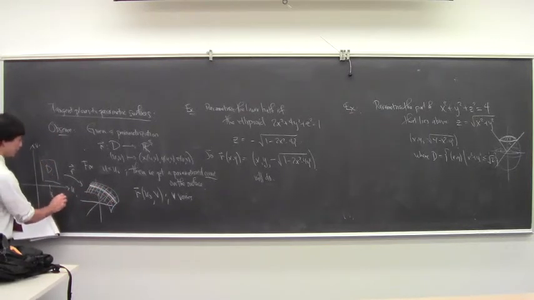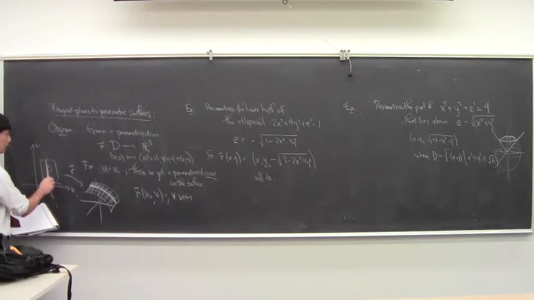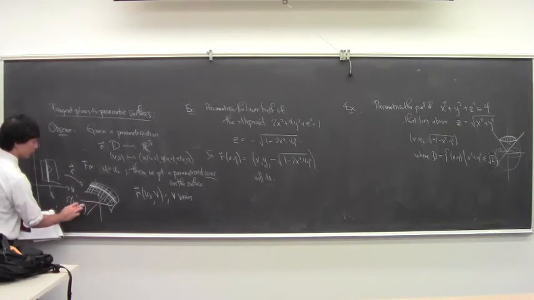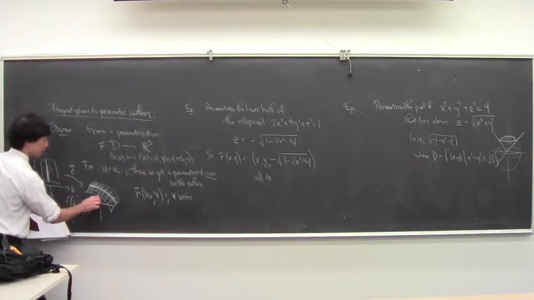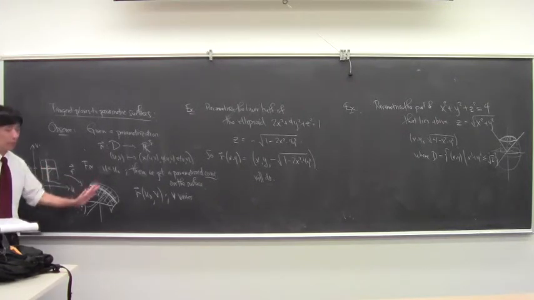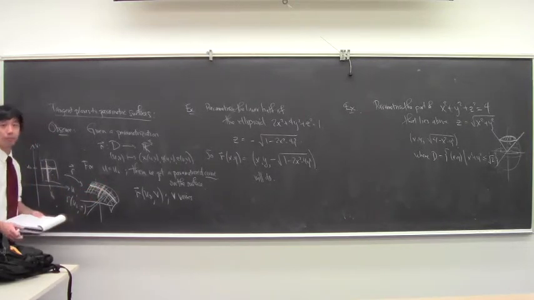So if you fix u naught and map from this line here, then r of u naught comma v is going to map onto some curve that lies on the original surface. And you can do the opposite: if I fix v naught and let the u's vary, then I'm going to get some other curve, going like this.